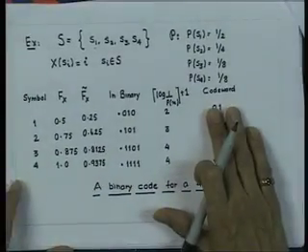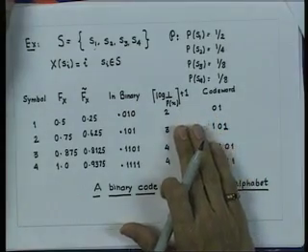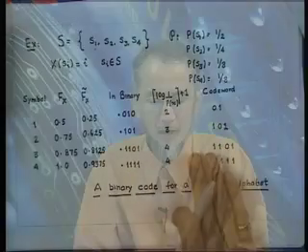So, obviously, arithmetic coding is not a good idea if you are going to encode your message one symbol at a time.